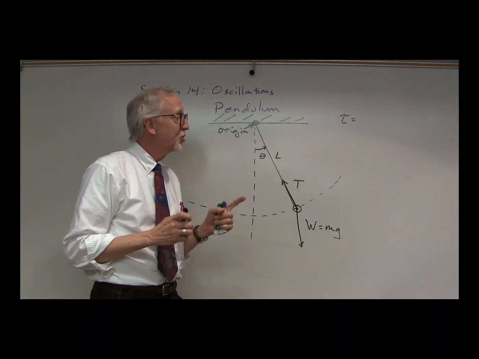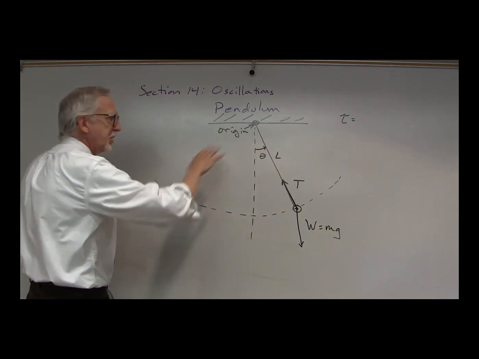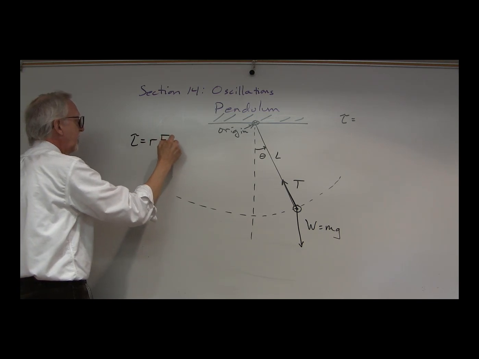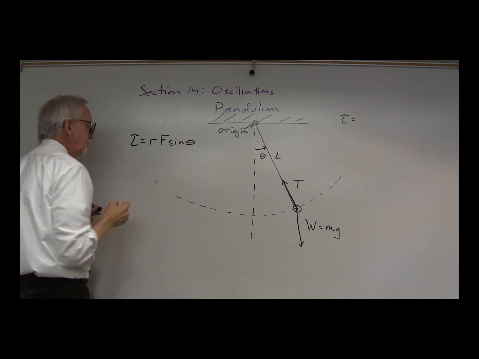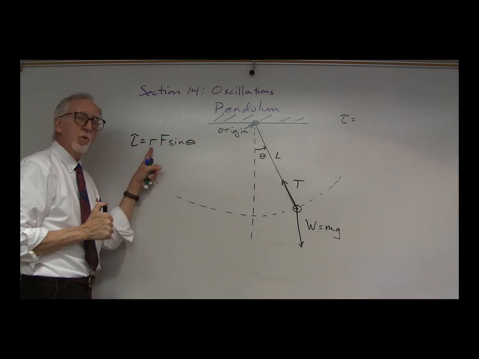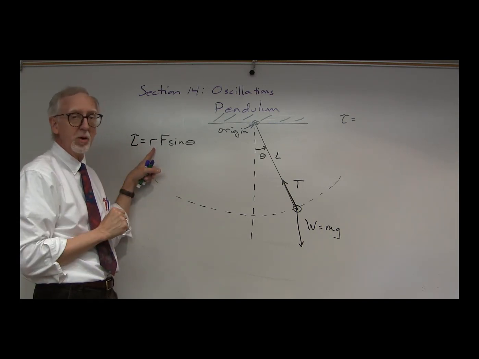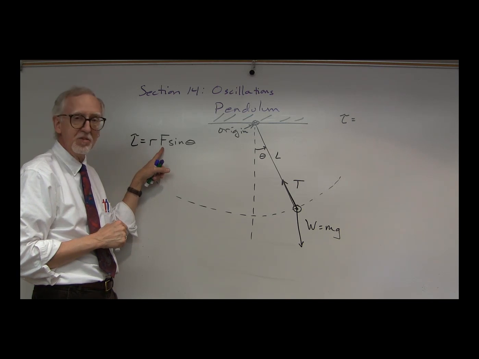Well, remember torque, by our definition, is R F sine theta. Remember, what's R? R is the distance from the origin to the point where the force is applied. F is the force.